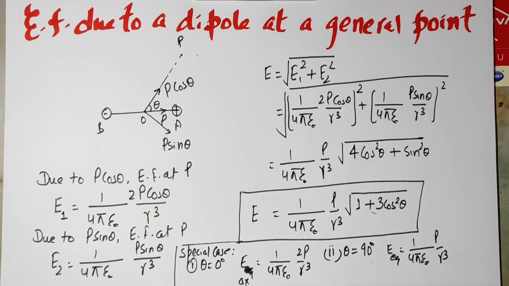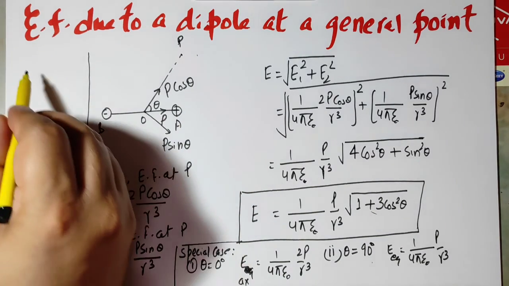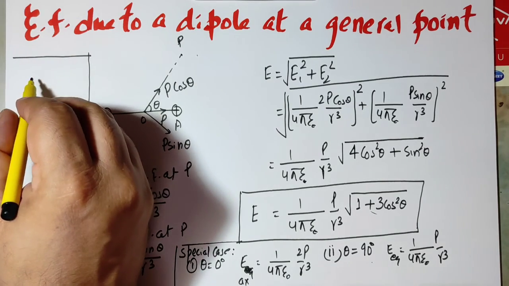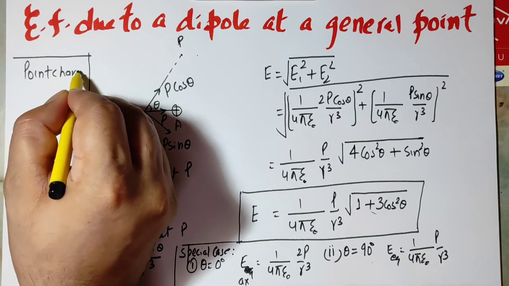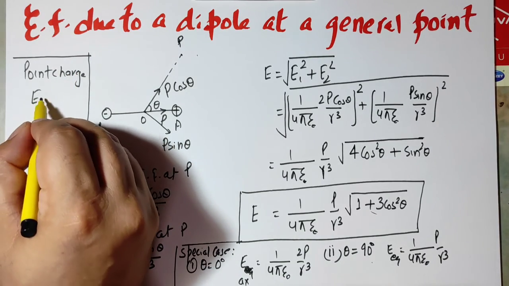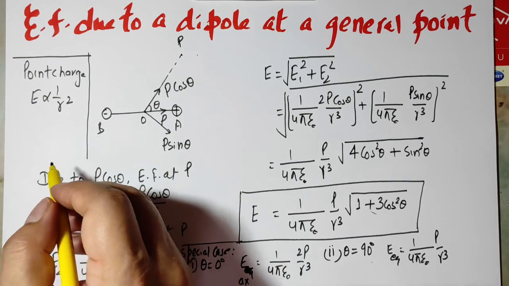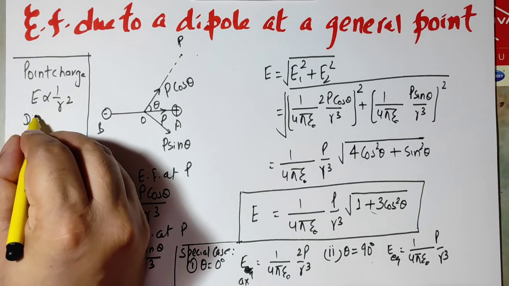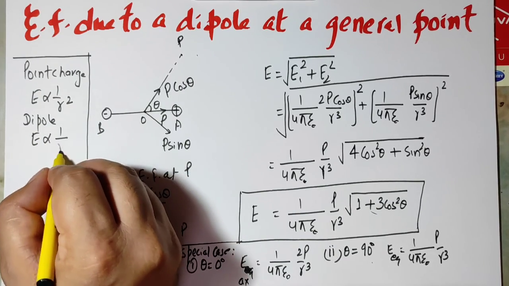Okay, fine. Well, my dear, I hope you understood. One thing finally I'd like to mention, that in a point charge, electric field is directly proportional to 1 upon r square. You know the formula, we write r square in the denominator, but in dipoles electric field is inversely proportional to r cube.